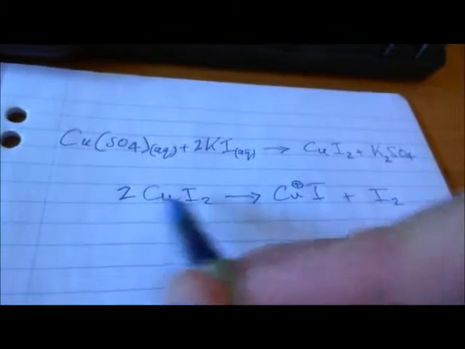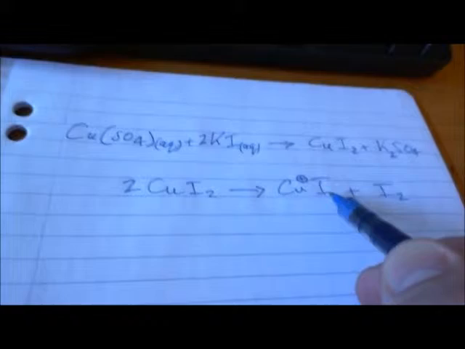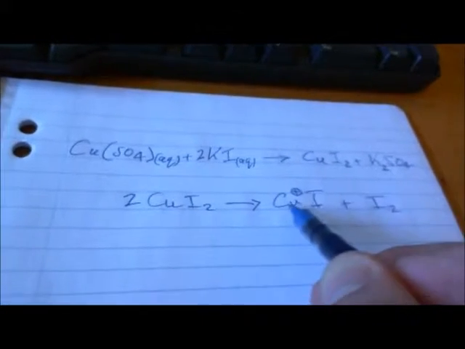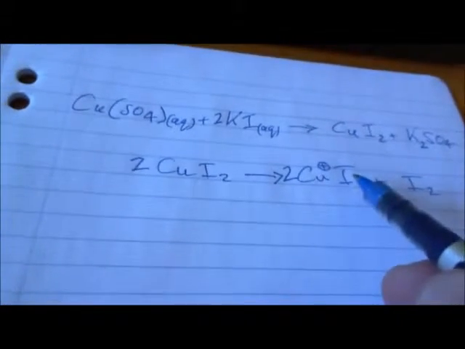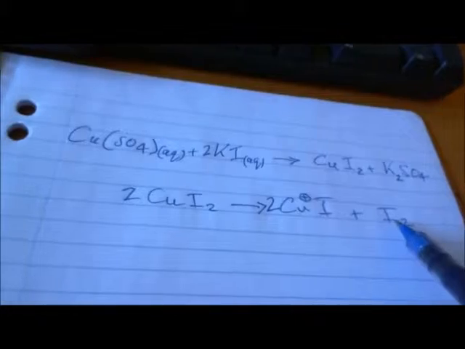2 iodines, so there are 4 iodines. Well, there's 2 there. Oh, we've got a problem. It's still not balanced. Hang on, if I've got 2 coppers, I'll need 2 coppers there. And that now balances the decomposition reaction: 2 coppers, 2 coppers, 4 iodines, there's 2 and there's 2.